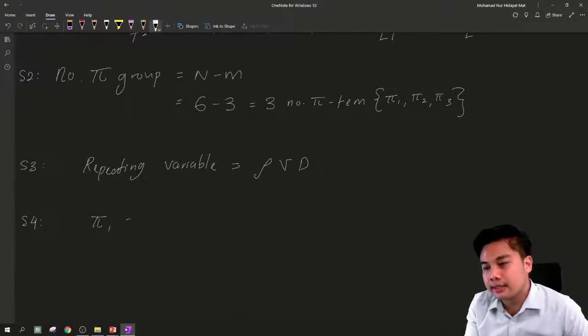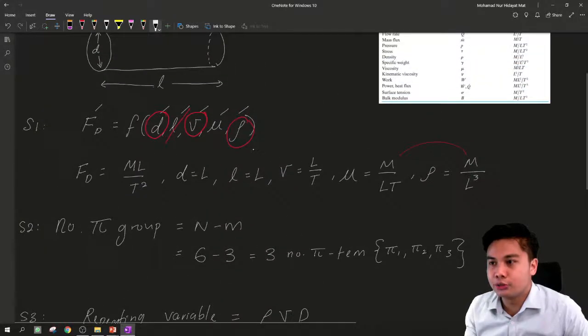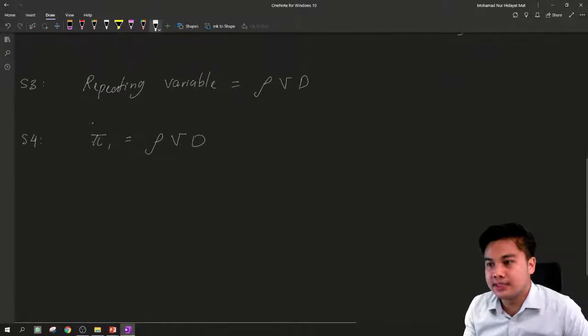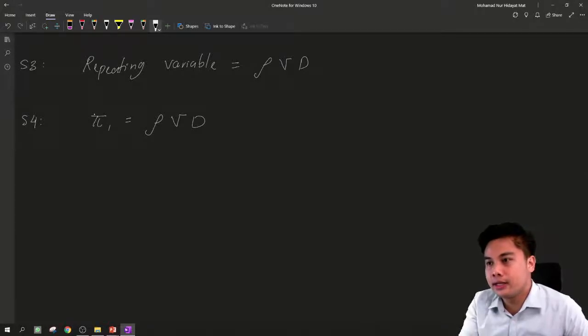Pi 1 is equal to our repeating variables, which are rho, v, d, and then the last term we select only one. Normally we select this one, F, first. We select from the dependent variable, which is F: rho v d times F. So F d.